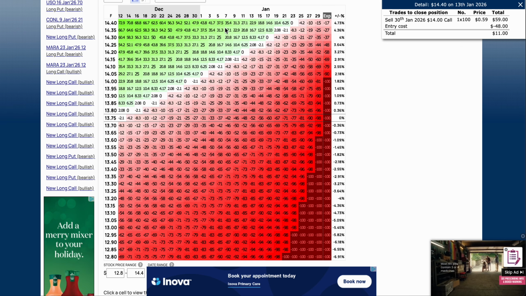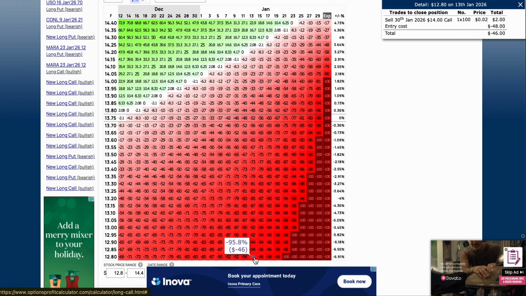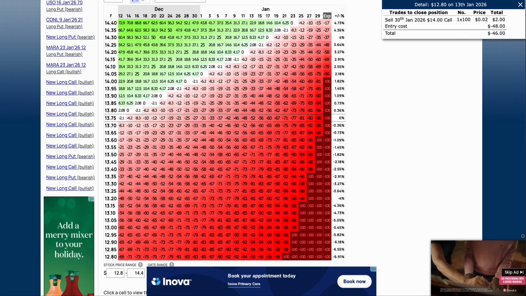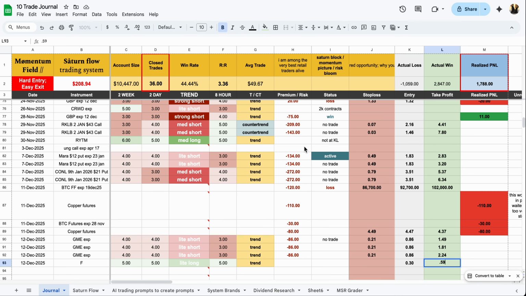And then we go back, and then you look Jan 13, all the way to the stop, minus 49, that's the whole contract, at 2 cents. 0.02. And as we saw, the contract would cost $30, so the most we could lose is 30.